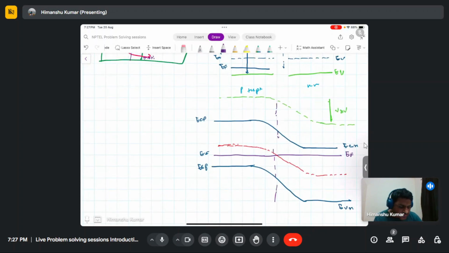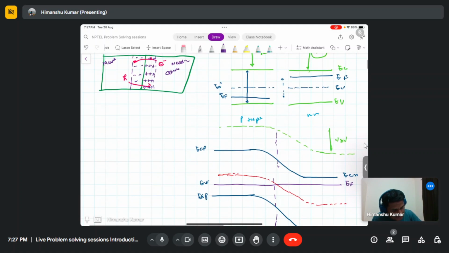In the case of uniform doping, the charge density rho on the n side will be q N_D by epsilon, and the charge on the p side will be minus q N_A by epsilon.